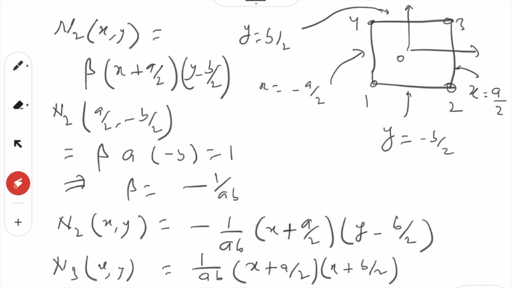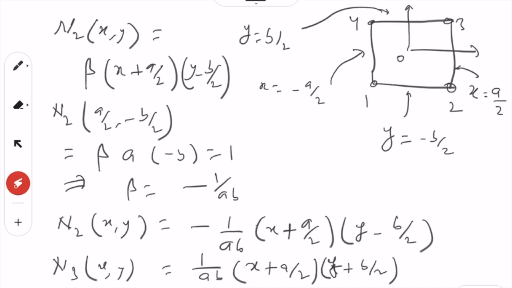At this one it will be 0, sorry, here it will be y, so you put y equal to minus b over 2 and this will be 0. Here x equal to minus a over 2, so this will be 0. And if you put it here, this will be a, this will be b, so you get 1. Similarly, you can also find N4.